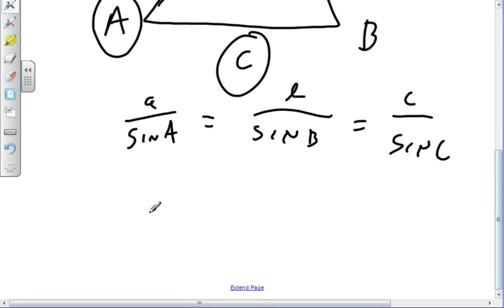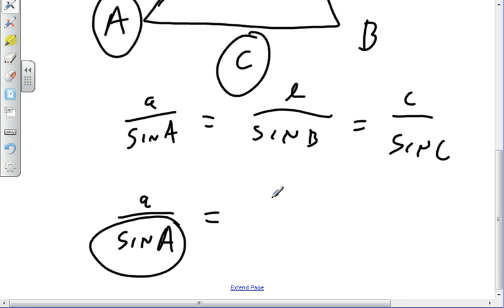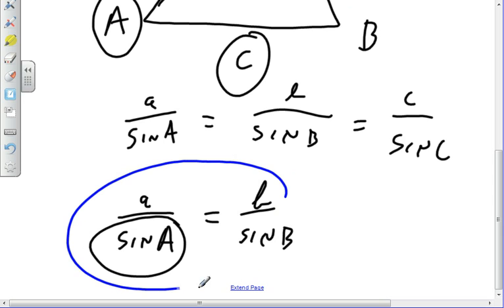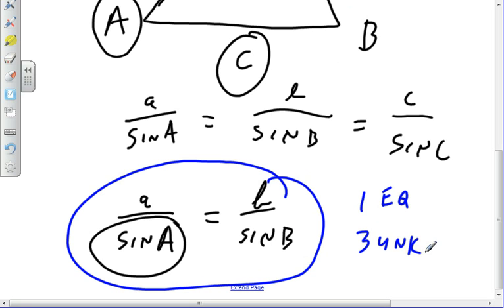So I write the first one, a over sine A. I know this one. Good. It is equal to b over sine B. What do you call this equation? One equation, three unknowns. Can you solve one equation with three unknowns?